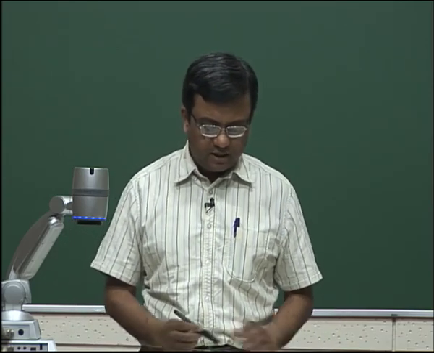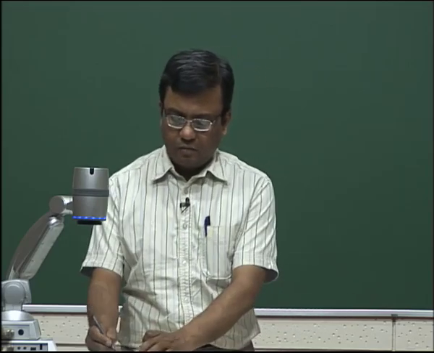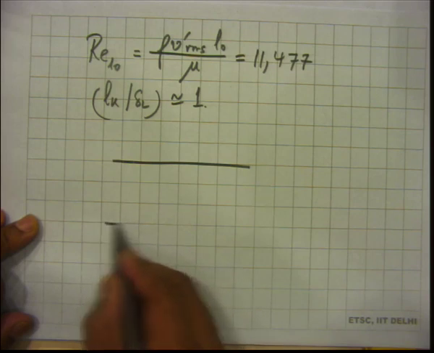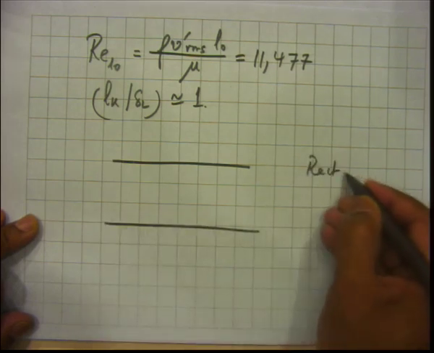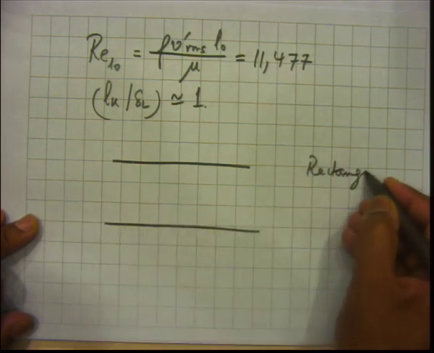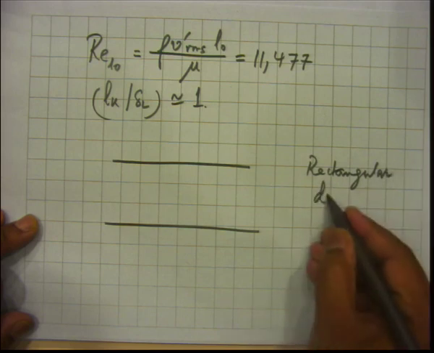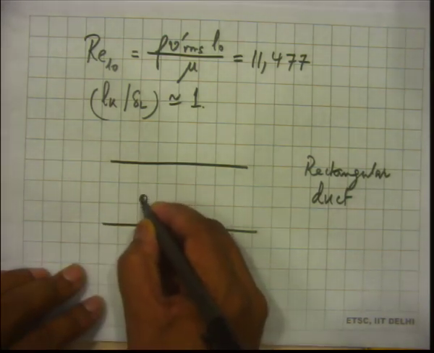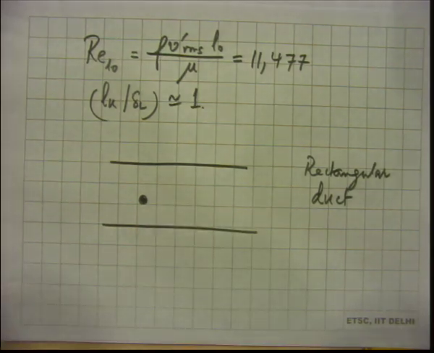So, let us say we have a situation that we have a rectangular duct, and we have a circular rod here. So, this is a rod, that means it is going into the plane of the paper, okay.